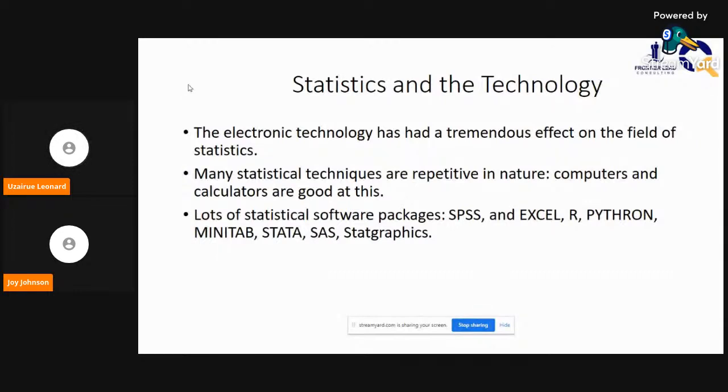In fact, the list is endless. But as a matter of advice, I usually tell whoever wants to start data analysis or data science, it's good you start with SPSS and Excel. Once you have mastered those two, it will help you in the other ones.